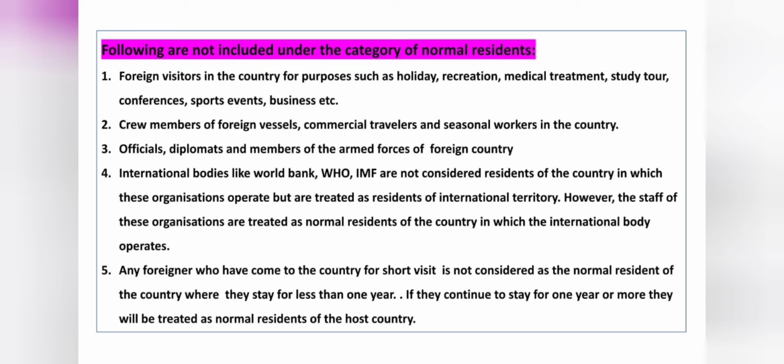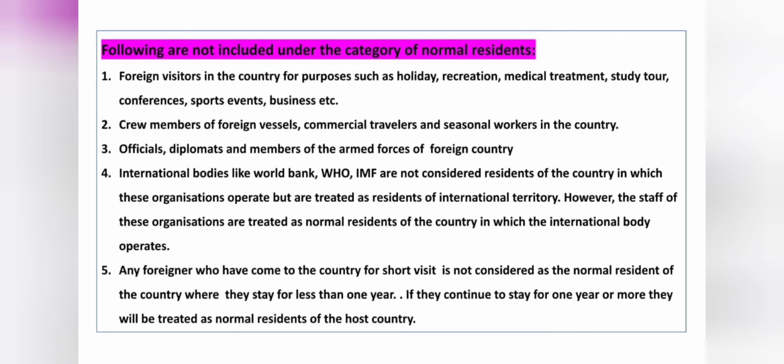Foreign visitors in the country for purposes such as recreation, holiday, medical treatment, study tour, conferences, sports events, business, etc. They are supposed to stay in the host country for less than 1 year. In case they continue to stay for 1 year or more in the host country, they will be treated as normal residents of the host country.